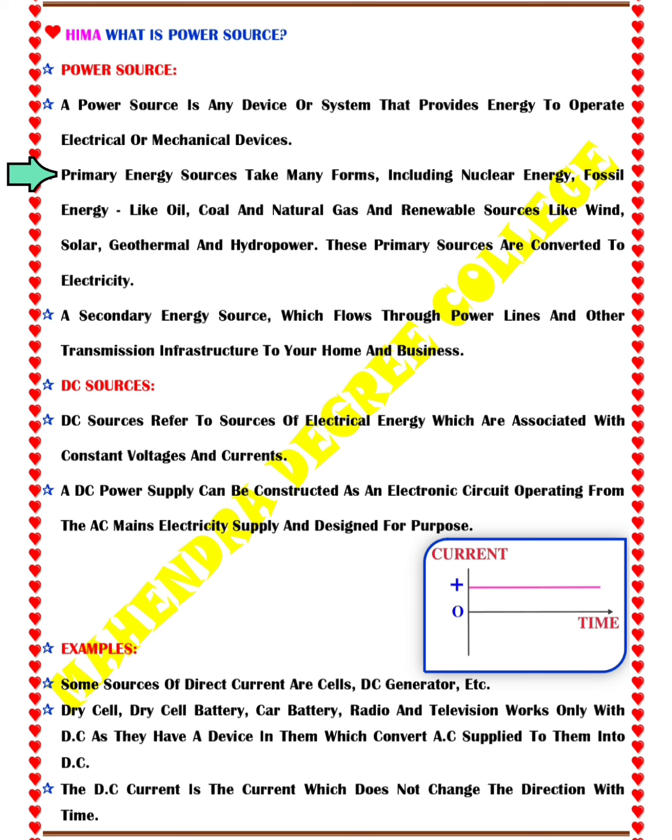Coal is a solid fossil fuel burned to produce heat and electricity. Natural gas is a gaseous fossil fuel used for heating, cooking, and electricity generation.